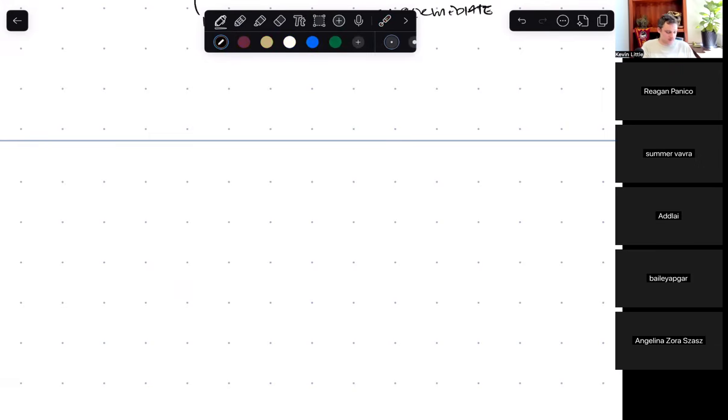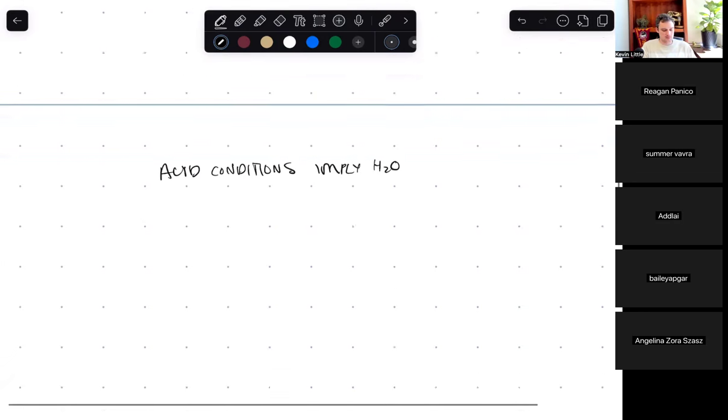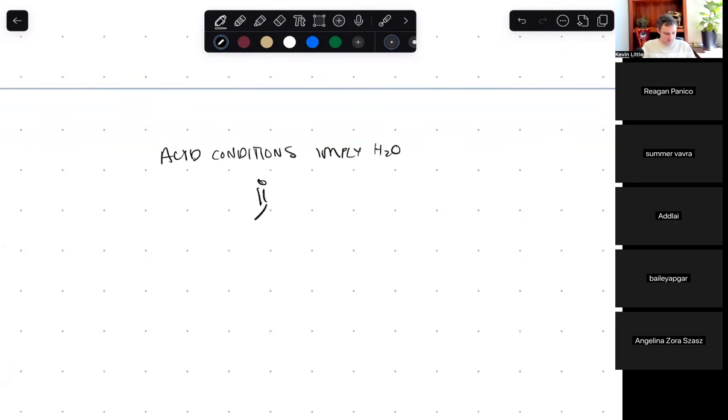So acidic conditions imply water. Oftentimes at the end of an acidic reaction, you end up with some product like this that's got a positive charge, and we can imply water, right?